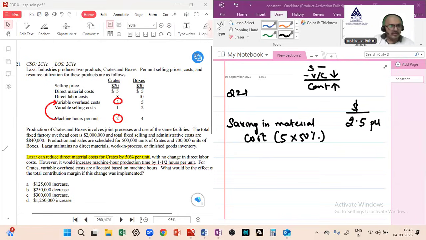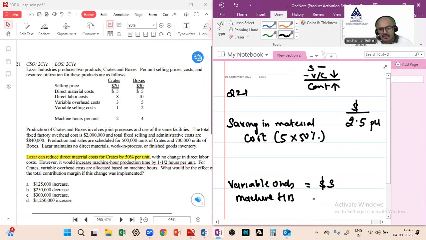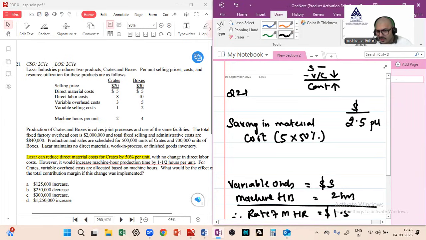First of all, I am interested in calculating my variable overhead rate. Please try to understand that my variable overheads are $3, and they are because my machine hours that I am using are 2 hours. Therefore, the rate of my machine hours is equal to $1.5 per hour.